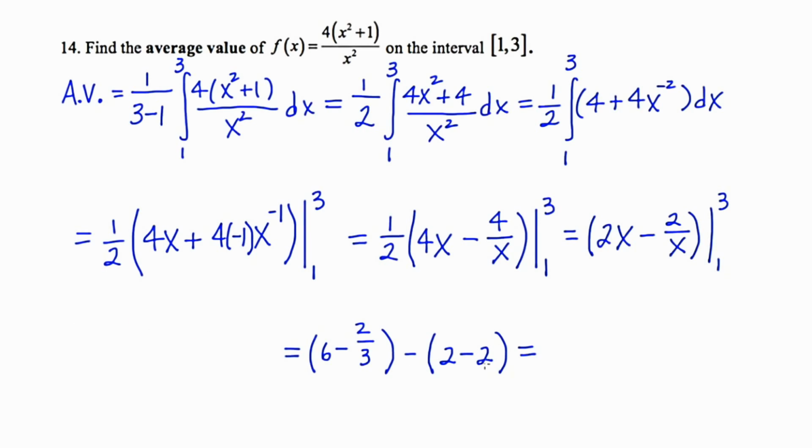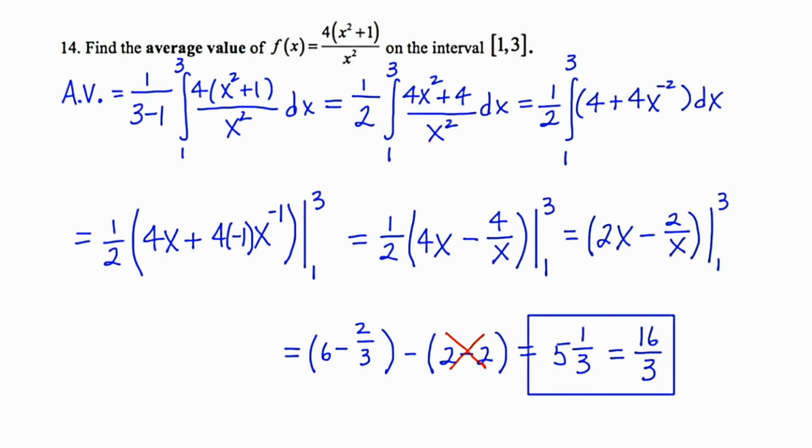Now 2 minus 2, of course, just goes away. That's 0. So we're really just left with 6 minus 2/3, which is 5 1/3, or if you prefer, 16/3. So 5 1/3 or 16/3 is the average value of this function on the interval from 1 to 3.